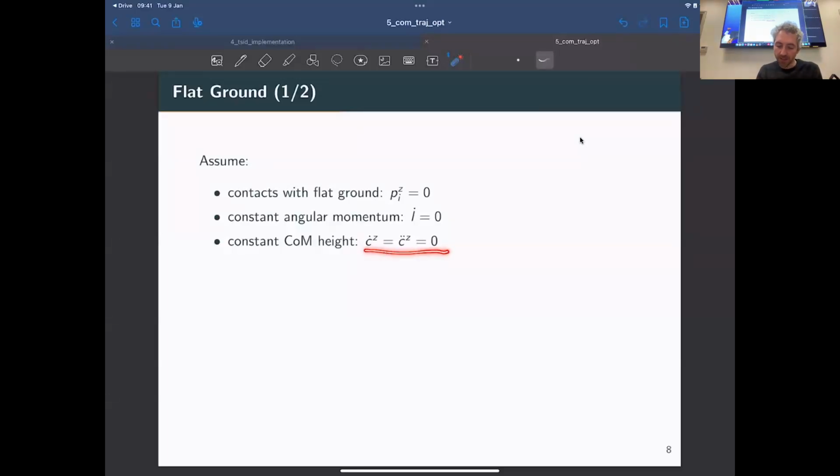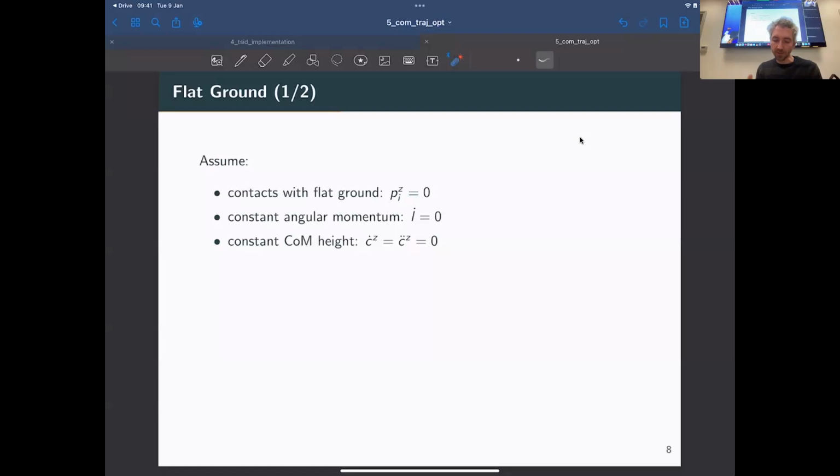And if you take another assumption, which is that your center of mass height remains constant, this is not really true. We have slight oscillation of the center of mass height, but they're sufficiently small that we can neglect them.